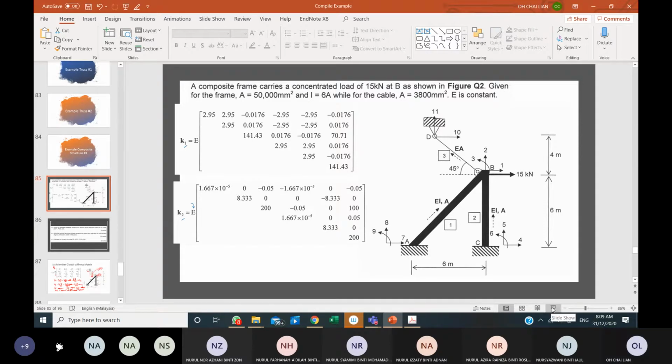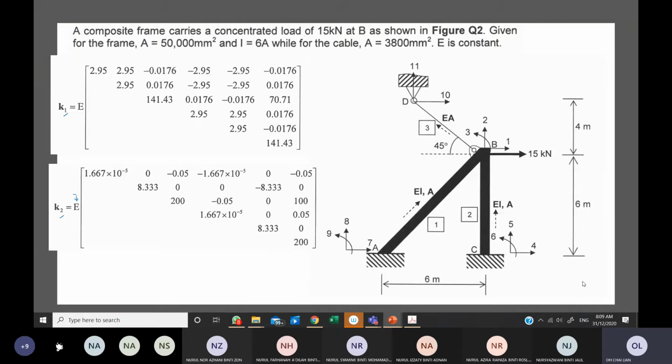If you can see that in this problem, for element 1 and element 2, the member global stiffness matrix has been given to you. In your previous class, you have established the element stiffness matrix for frame structure.